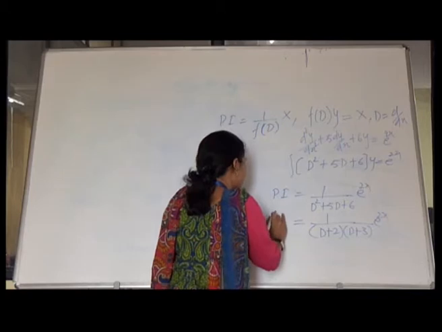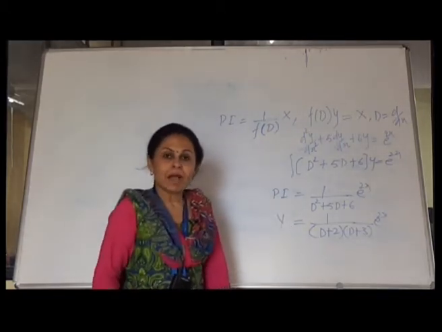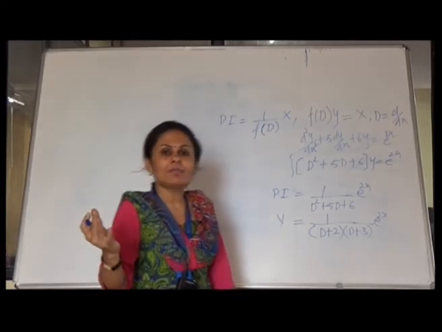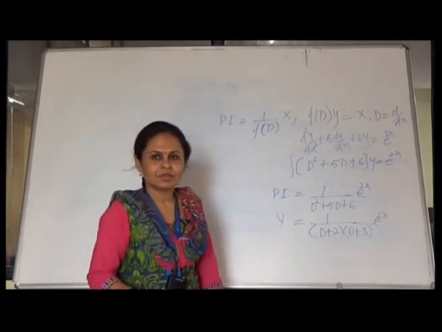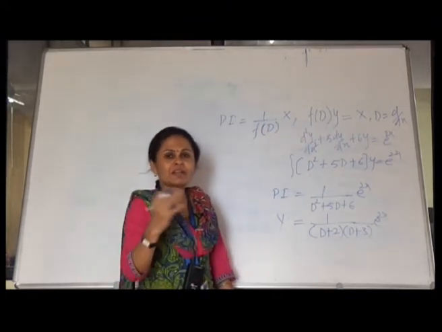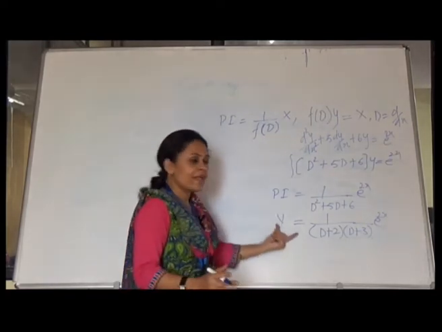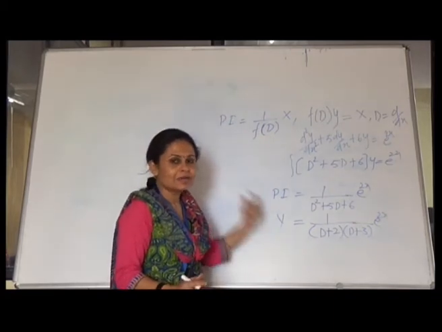You know that PI is nothing but part of the solution. Part of the solution is itself a solution because it is a linear combination of CF and PI which constitutes the final solution. So let us name part of the solution also as a solution. So I am renaming PI as y here. Let me write this way if you are understanding this part.